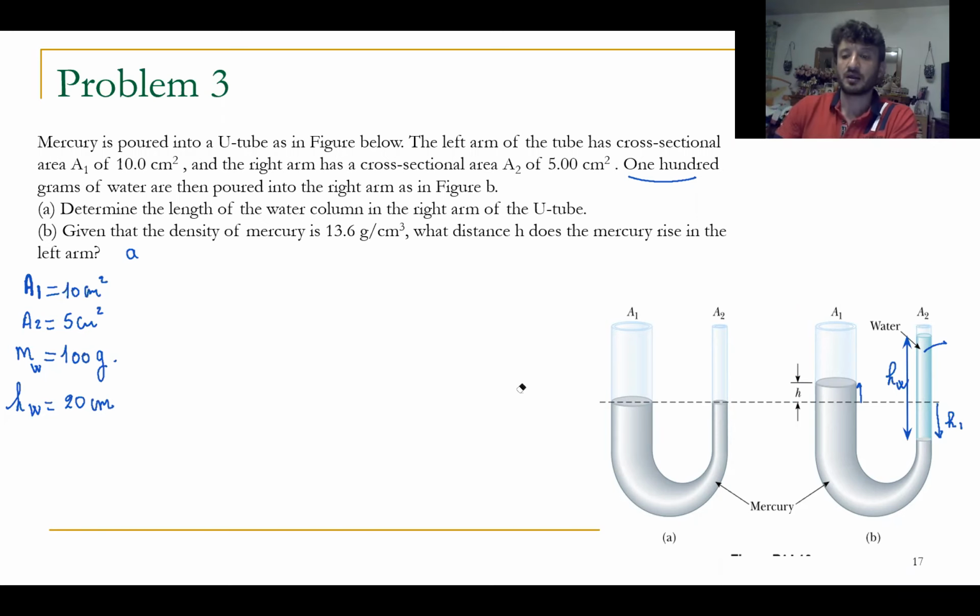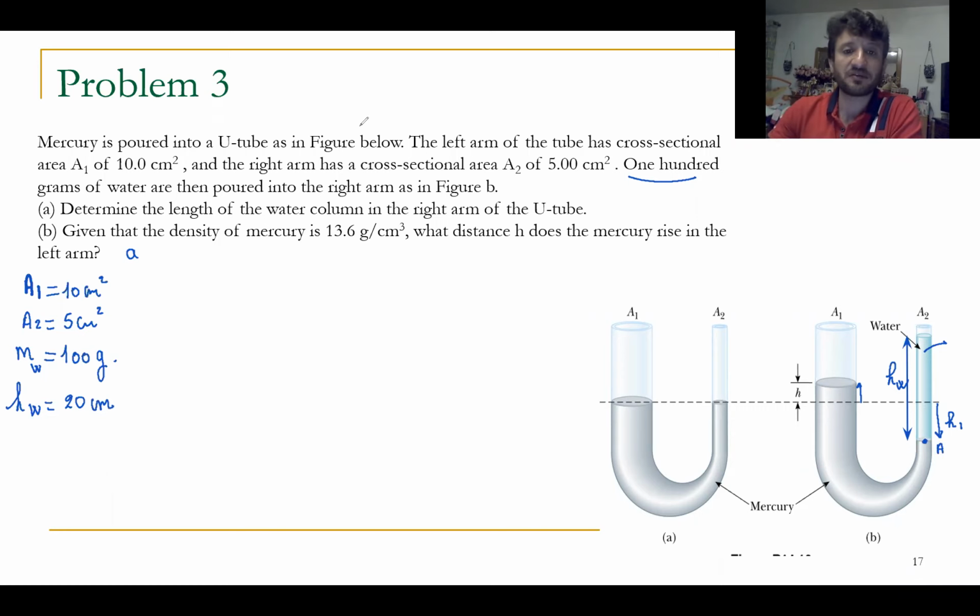Okay. First of all, as we have a static fluid, we can choose the interface between the water and mercury. We can take a point A. Okay.